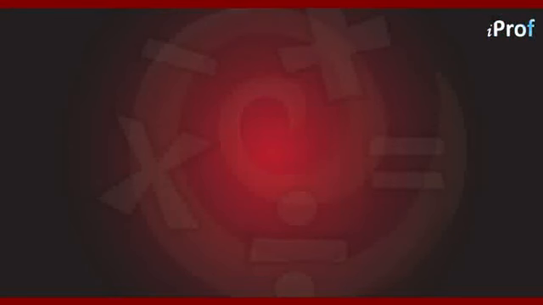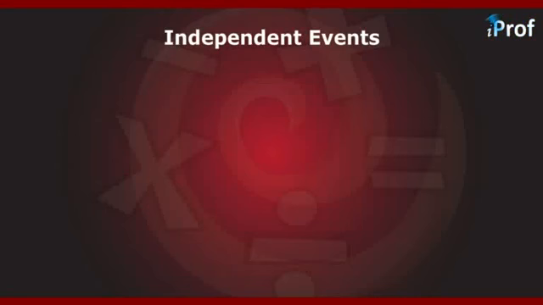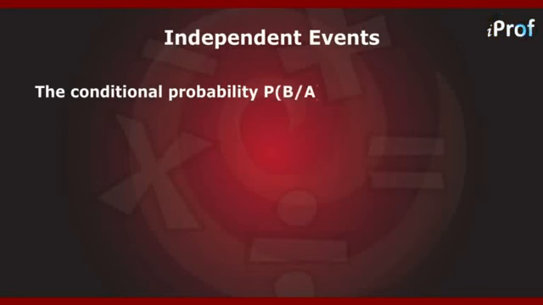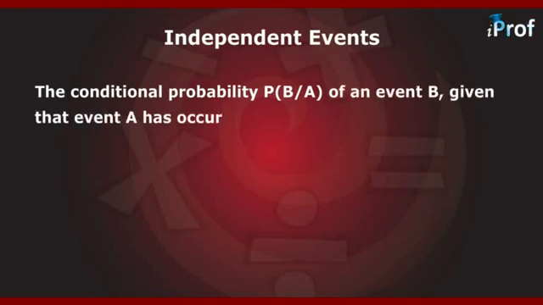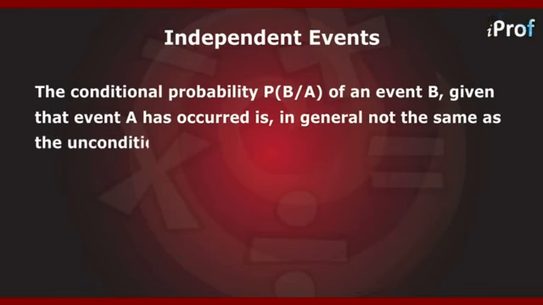We will now go through the concept of independent events. The conditional probability P(B|A) of an event B, given that event A has occurred, is in general not the same as the unconditional probability P(B).